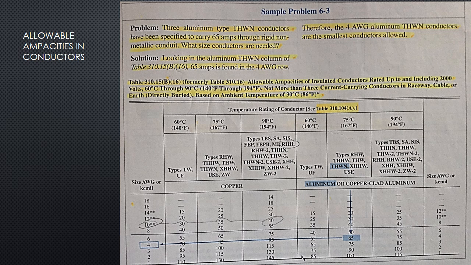The solution is looking in the aluminum THWN column of the table 310.15(B)(16). 65 amps is found in the 4 AWG row. As you can see, those have been highlighted in the problem, in the table. Therefore, the 4 AWG aluminum THWN conductors are the smallest conductors allowed.